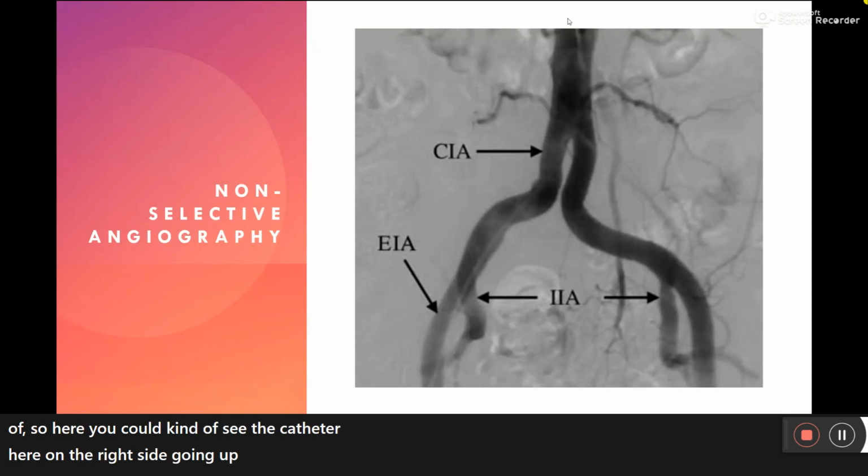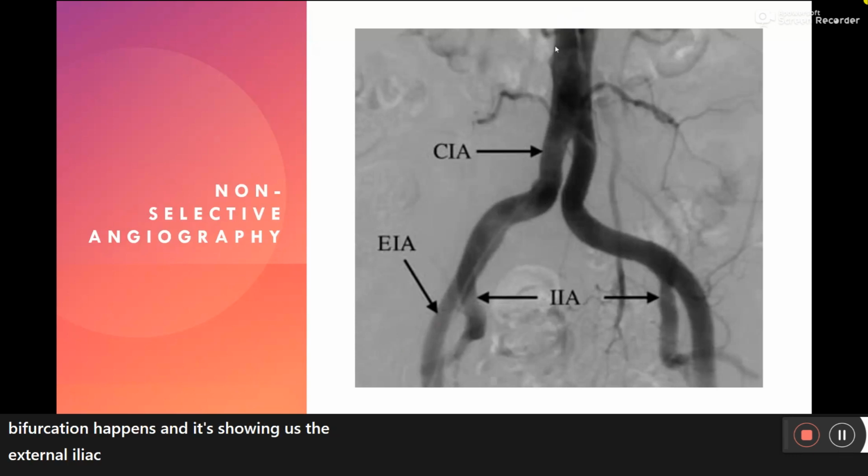If it went up a little bit higher, you could probably see a pigtail right here in the lower abdominal angio. And what this is doing is showing us exactly where that common iliac bifurcation occurs. It's showing us where that internal iliac bifurcation happens, and it's showing us the external iliac.